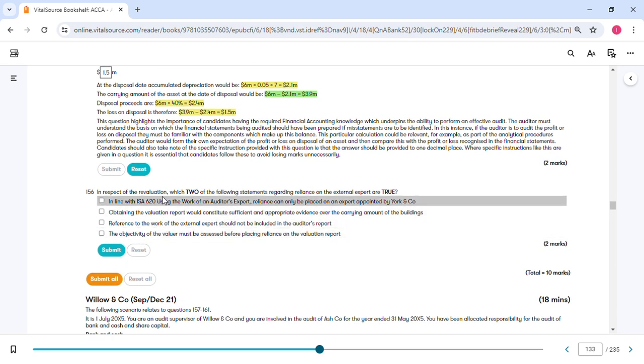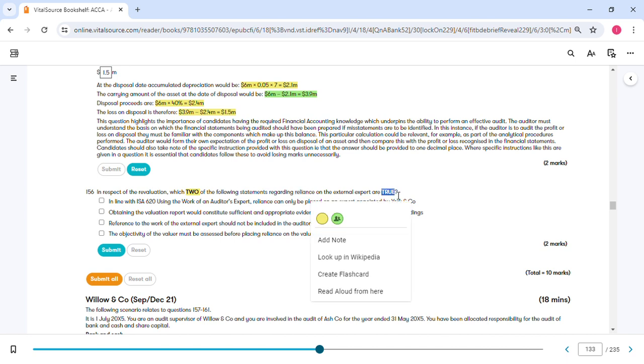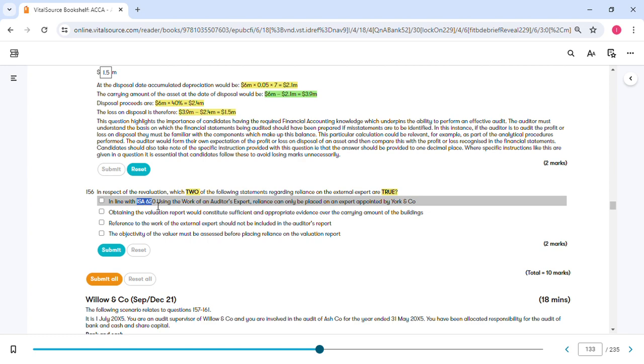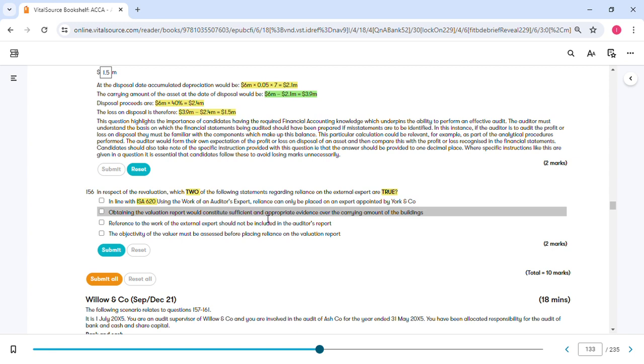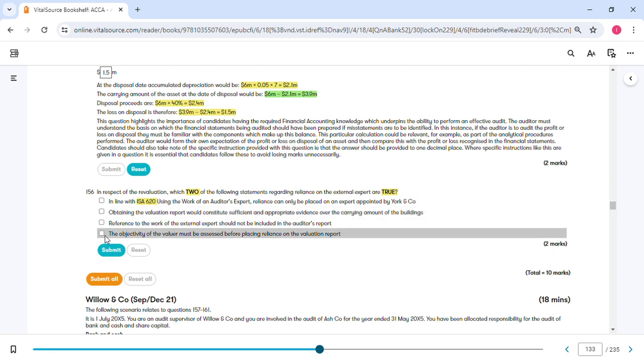In respect of revaluation, which two of the following statements regarding reliance on the external expert are true? You have to be a little bit careful here. What are the conditions when you are taking the services of an expert? This is a very standard answer, an easy way of doing it.